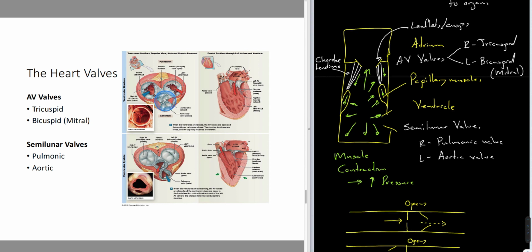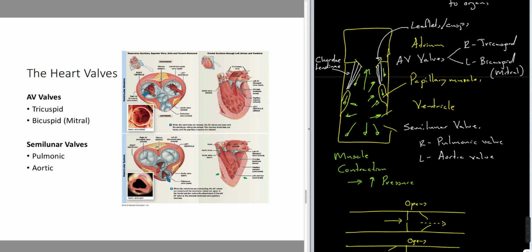That's then the semilunar opening. The second bump is the semilunar closing, and then the opening of the AV valves. They call it lub-dub. I think that's a dumb name, but it's lub-dub. I just call it bump-bump because I hate lub-dub, but it is what it is. Okay? All of these openings and closings are based off of pressure in the ventricles.